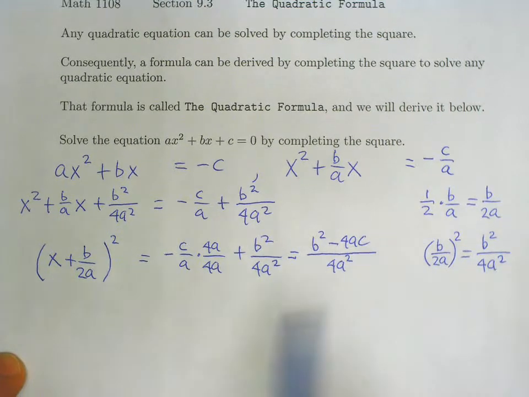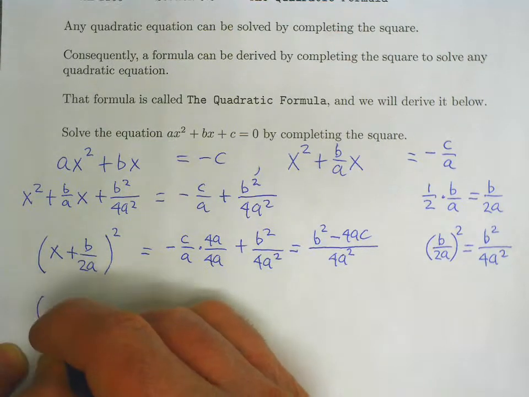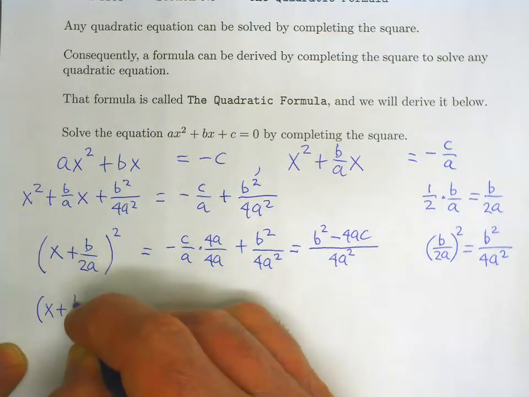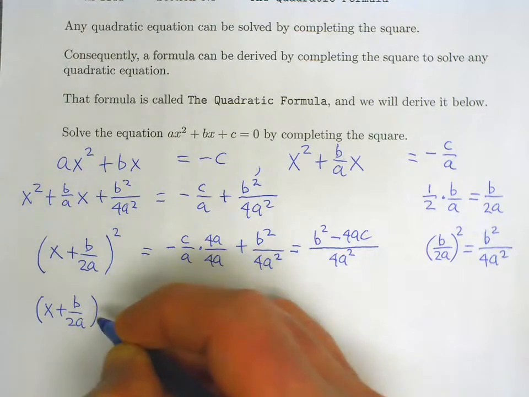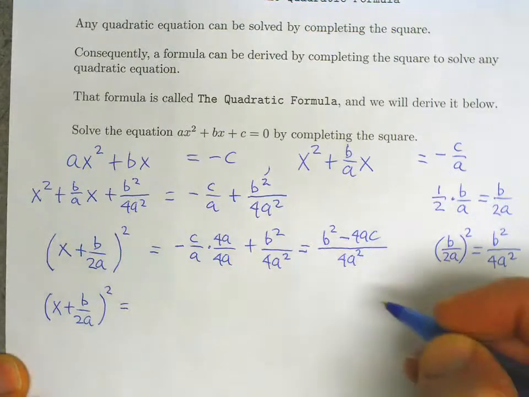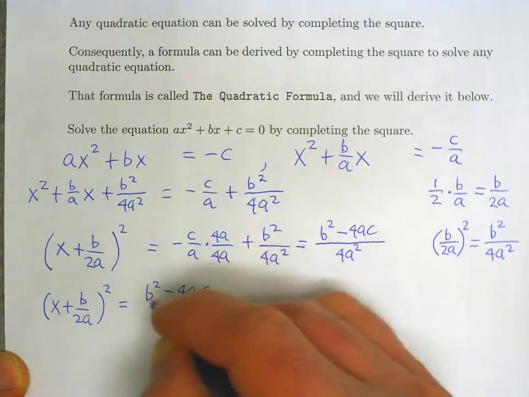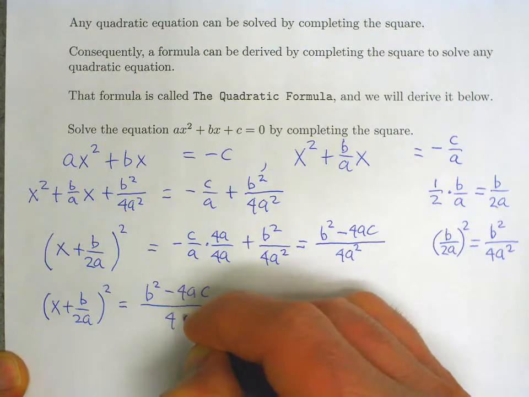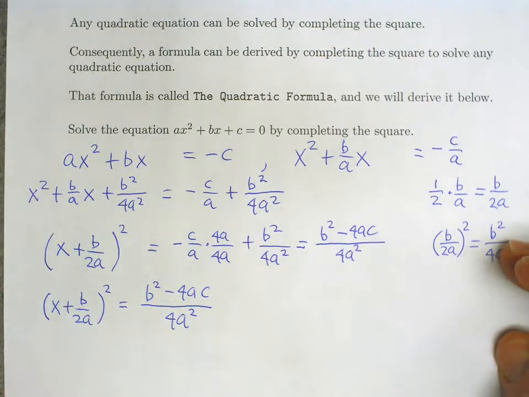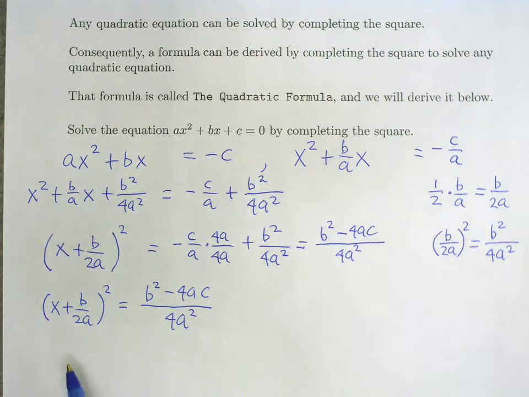Okay, the next step, I'll just rewrite. I'll remove this stuff in the middle and write the left-hand side, x plus b over 2a squared equals b to the second minus 4ac, all divided by 4a to the second. Okay, remember what the goal is. The goal is to solve this equation for x. But now it's in a position to apply the square root property.